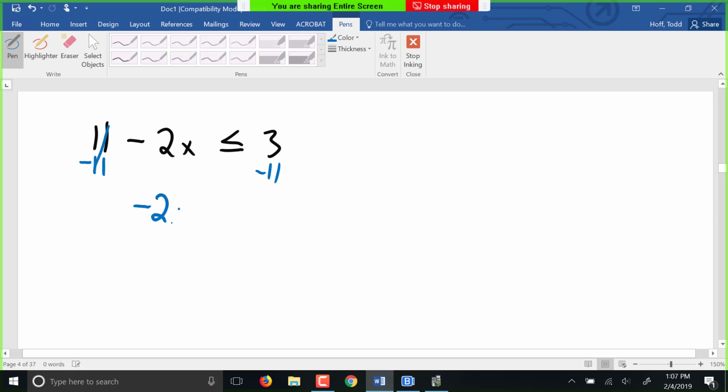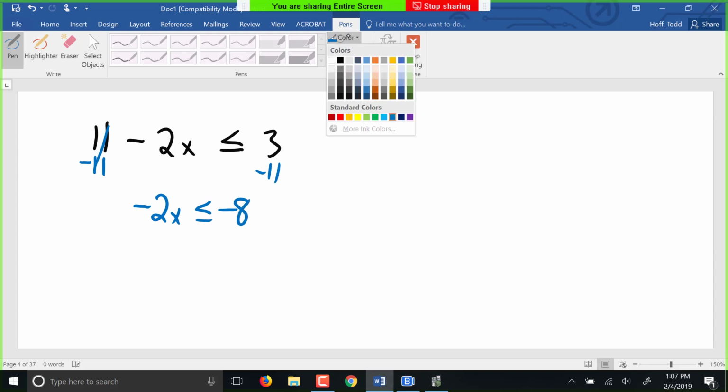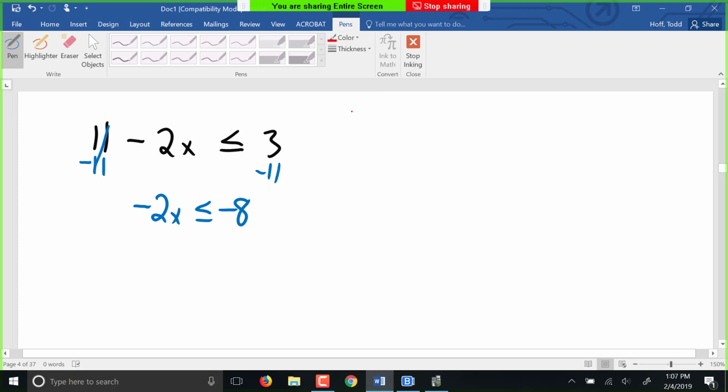So I now have negative 2x is less than or equal to negative 8. What's my next step? I have to get rid of the negative 2. Since it multiplies x, I divide by a negative 2. So that gives me x is less than or equal to a positive 4.